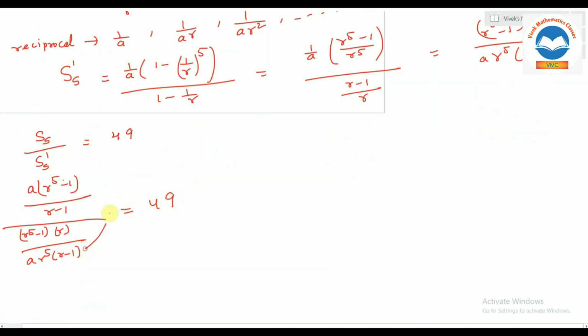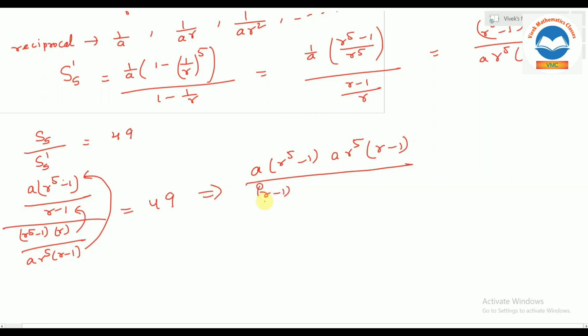So what will happen? This will multiply with this, and this will multiply with this. So we will get a into r to the power 5 minus 1 into a r to the power 5 into r minus 1, divided by r minus 1 into r to the power 5 minus 1 into r.